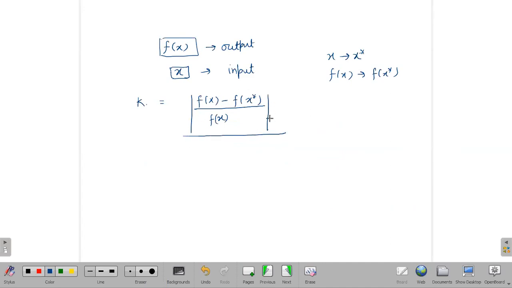This is the relative change in the output, and the relative change in the input will be given by x minus x star divided by x. So if you solve this, it will be f of x minus f of x star divided by x minus x star. I divide the terms here, so x will come in the numerator and f of x will be in the denominator.